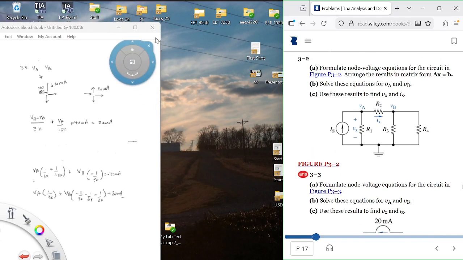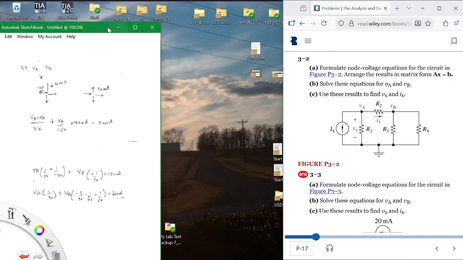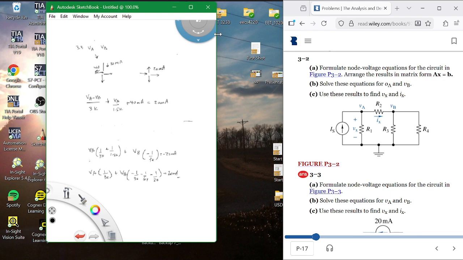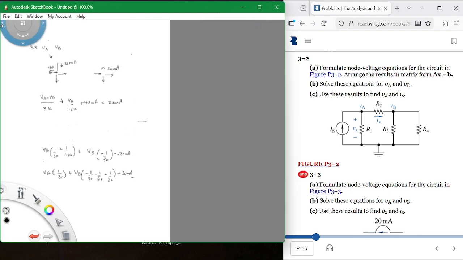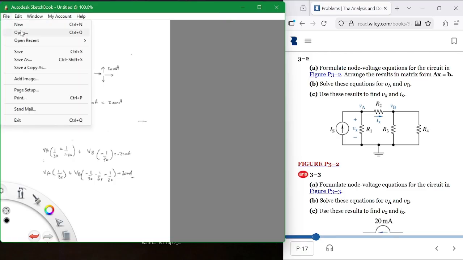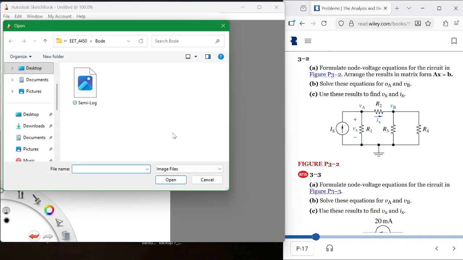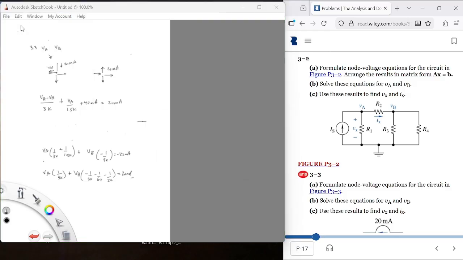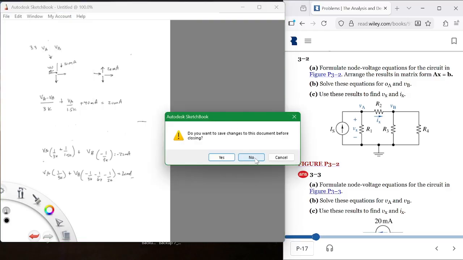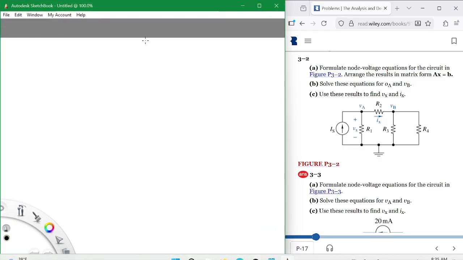Right there, and get this as big as we can.